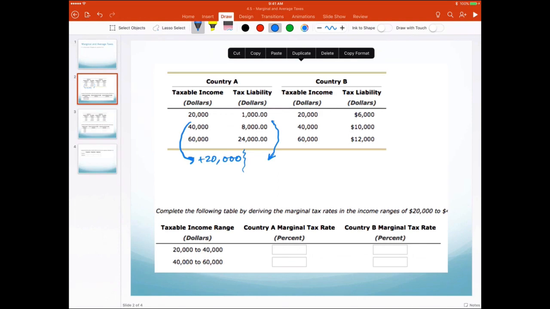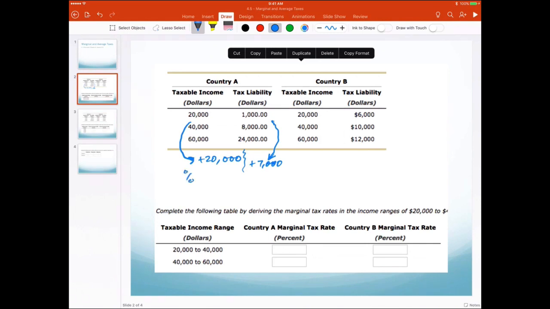So there's an increase in taxes of $7,000, okay? So your income increased by $20,000 and the amount of taxes you paid went from $1,000 up to $8,000. So this is getting at the marginal tax rate. So the question is, what percentage of $20,000 gives you $7,000? Well, the math for that is pretty simple, right?